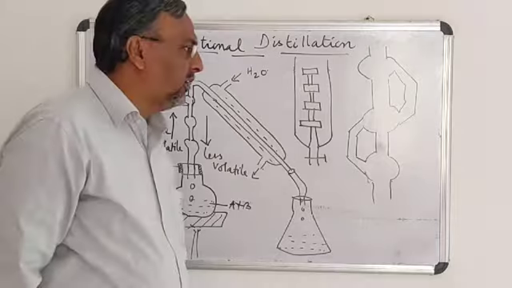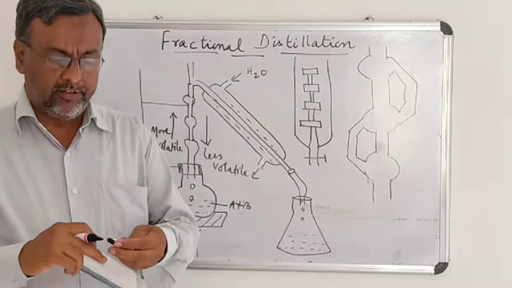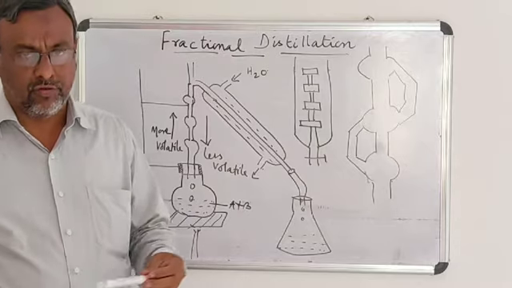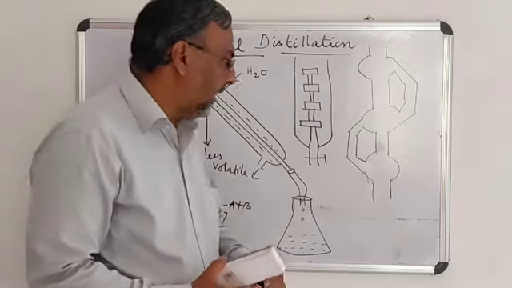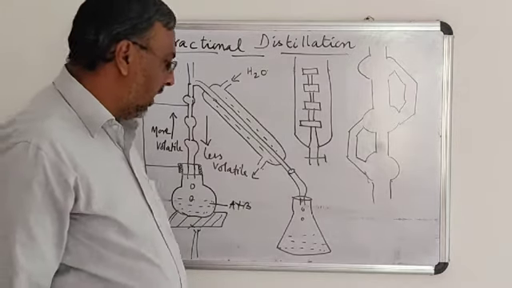That is why we are using different shaped fractionating columns, in order to increase the surface area of cooling.